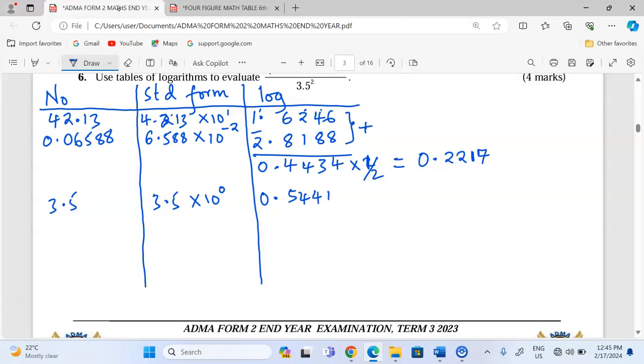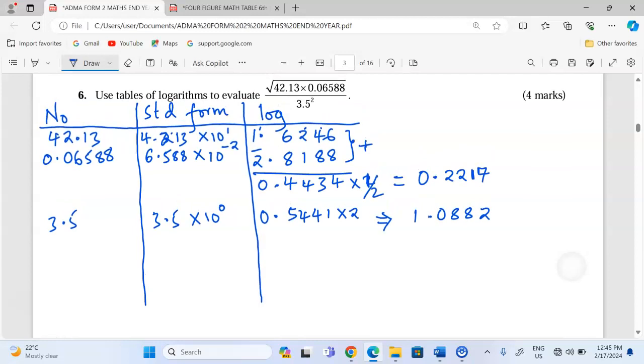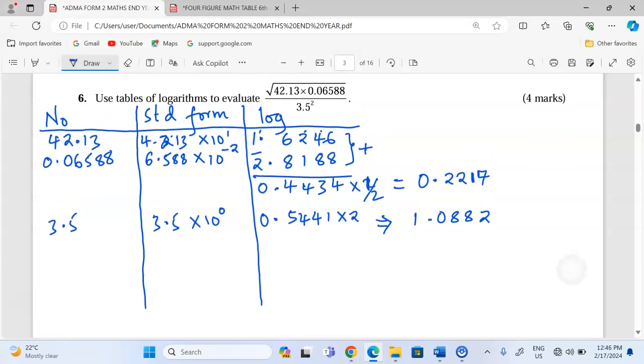Now, because of the power 2, the logarithm part should be multiplied by 2. This is going to give us 1.0882. That is the general logarithm from the denominator.